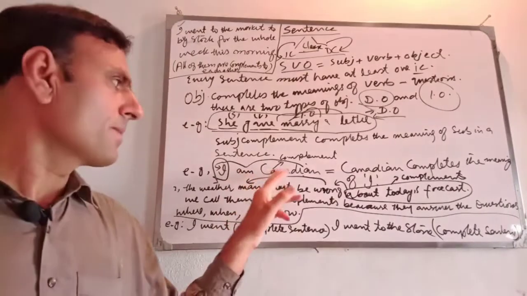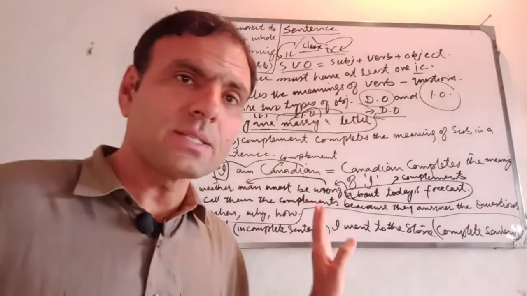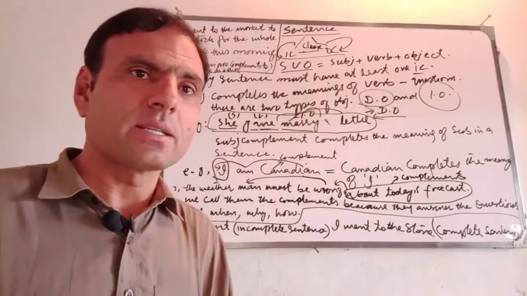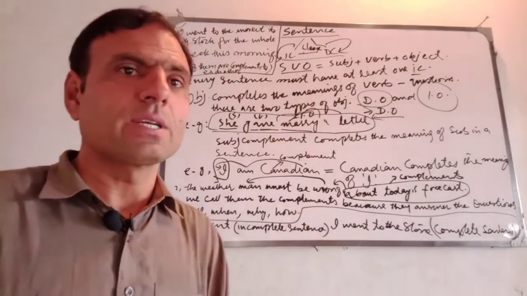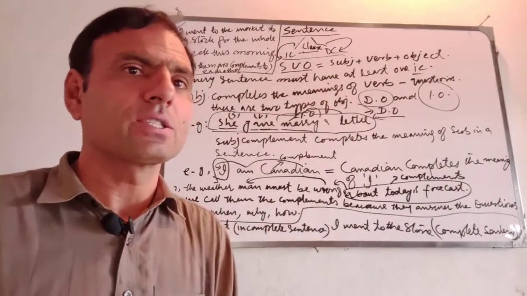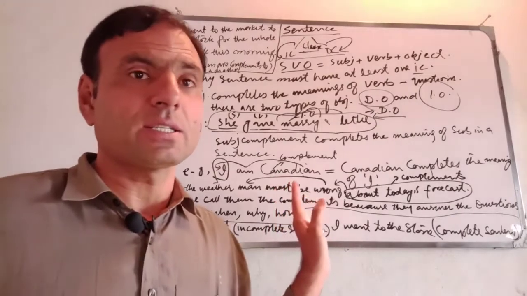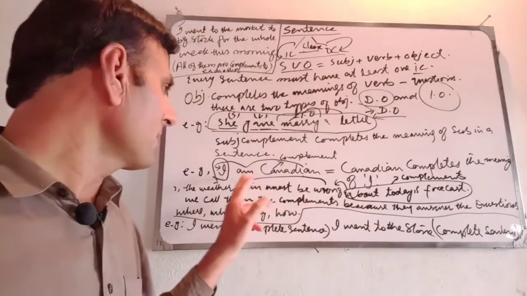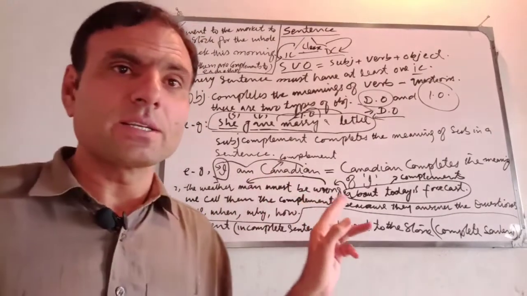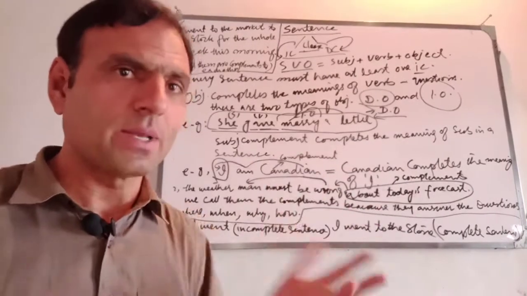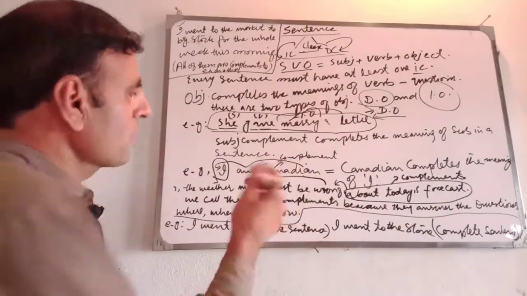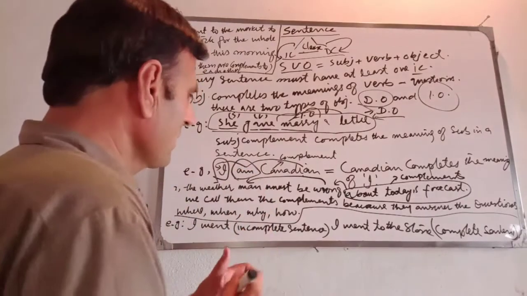Am is telling the status. This is a be verb here, and it is not working like -ing or something else. This just tells us the status. अब यहाँ पर ये सिर्फ स्टेटस को जाहिर कर रहा है कि मैं कनेडियन हूँ, यानी कनाडा होना मेरा ये बता रहा है. ओके, नो प्रॉब्लम, दिस इज क्लियर.